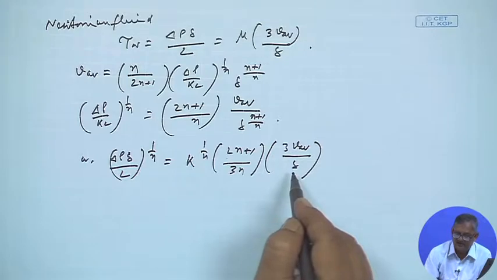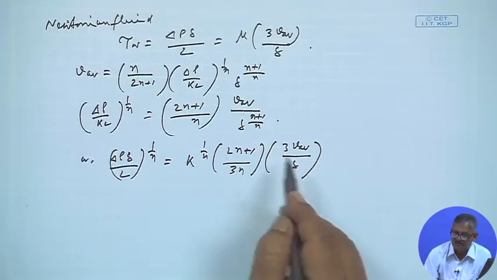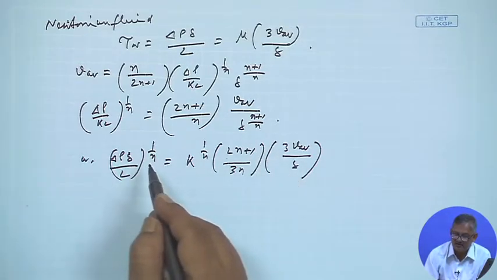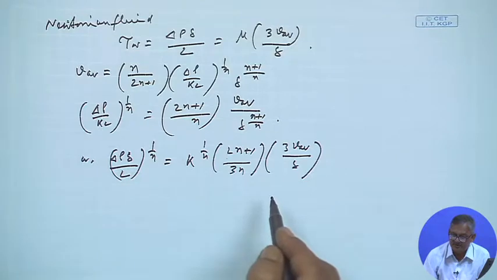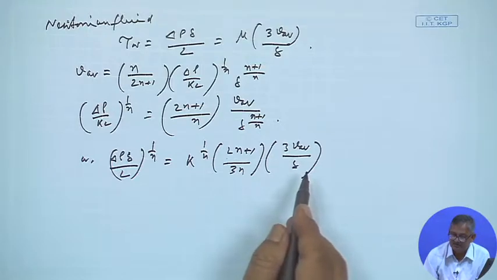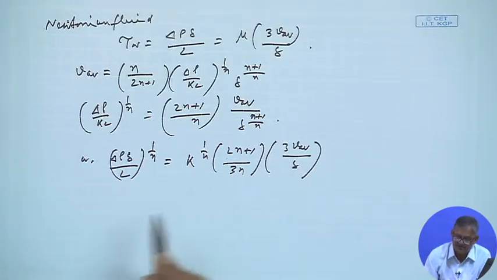Since it is 1 by n there, it goes to this side as an inverse, so it is okay.